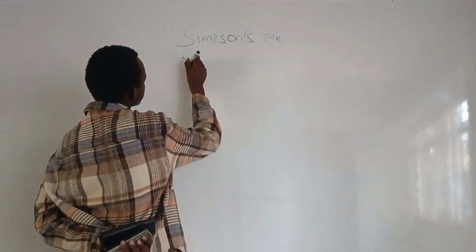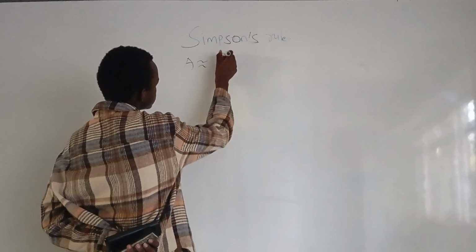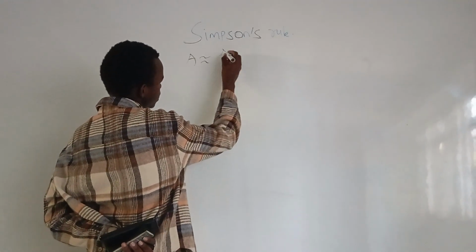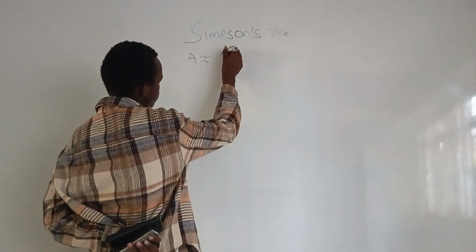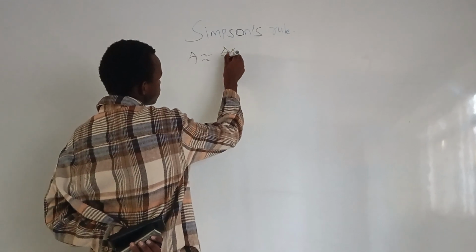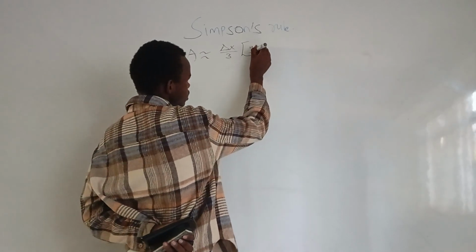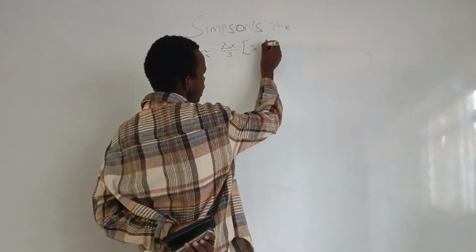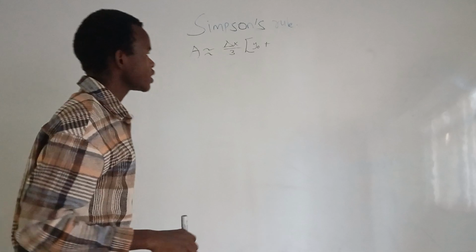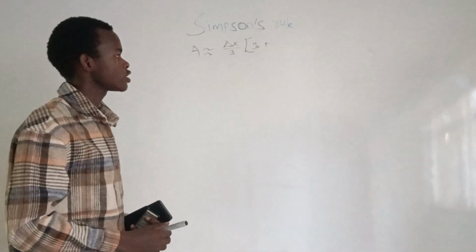So the area is given as delta x divided by 3 into y0 plus, from here we just have to alternate 4 and 2.